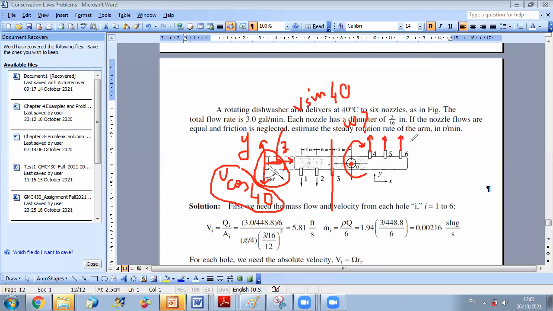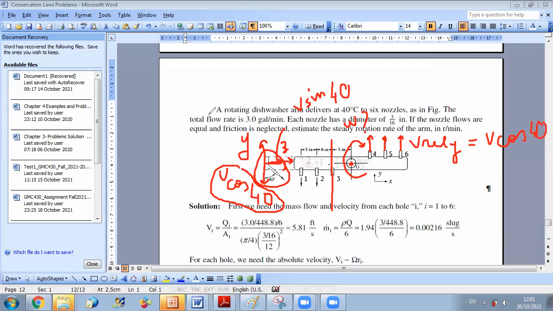This is the relative velocity between the jet and the system. So you can say that V relative along Y is equal to V cosine 40.